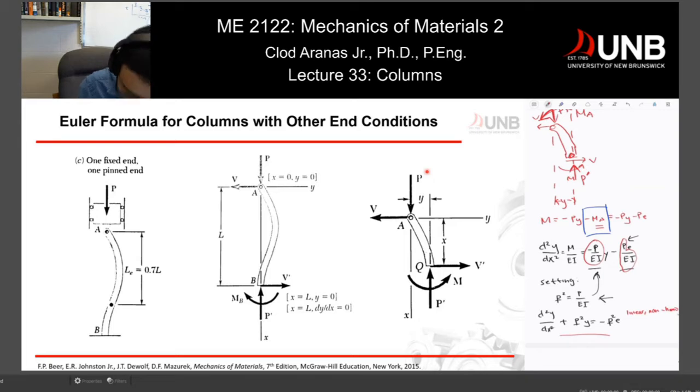I'll write it completely here so that when I upload this lecture, you'll see it. So non-homogeneous differential equation of second order with constant coefficients, and your coefficient there is p times e with a constant coefficient.